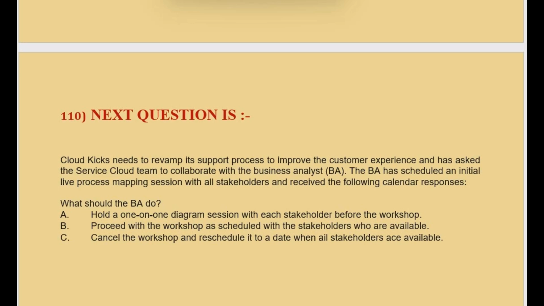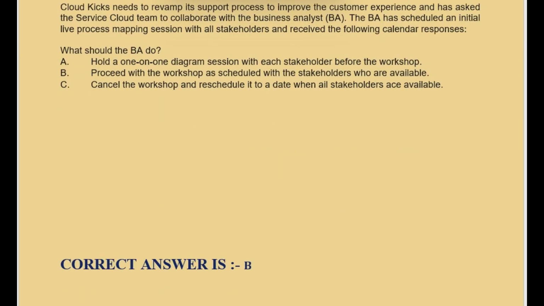Option A, hold a one-on-one diagram session with each stakeholder before the workshop. Option B, proceed with the workshop as scheduled with the stakeholders who are available. Option C, cancel the workshop and reschedule it to a date when all stakeholders are available. Correct answer is option B.